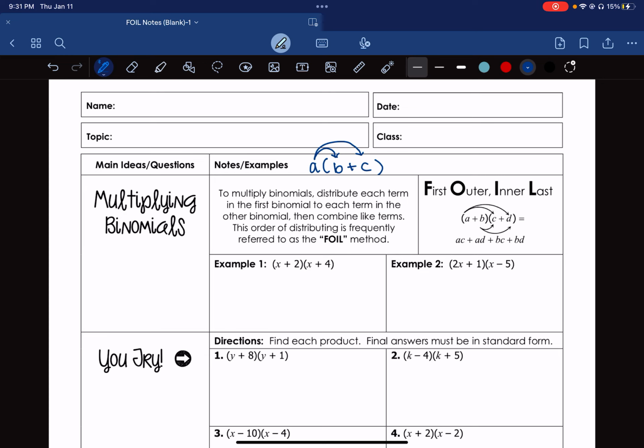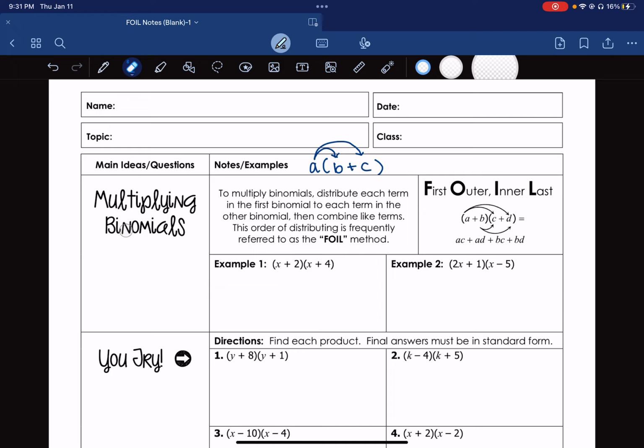A lot of little things times one thing. Today, we are going to get into multiplying one binomial, or two-part thing, by another two-part thing.